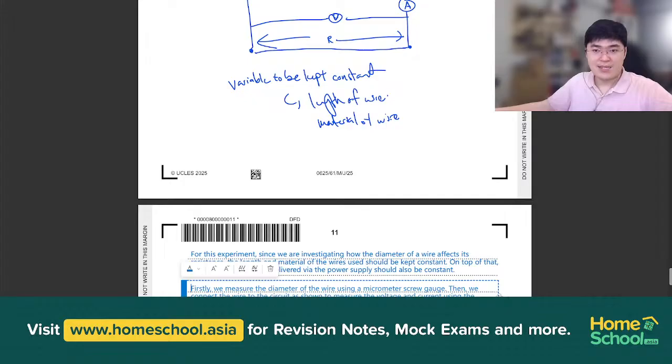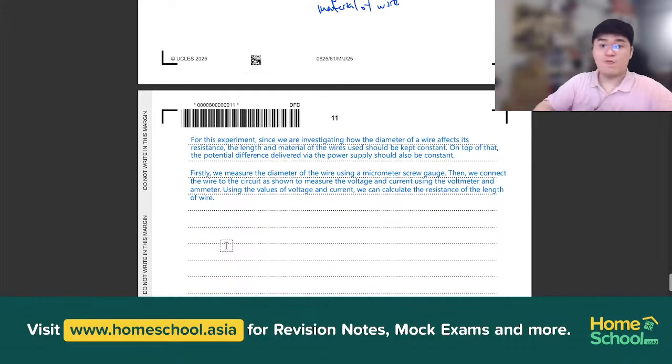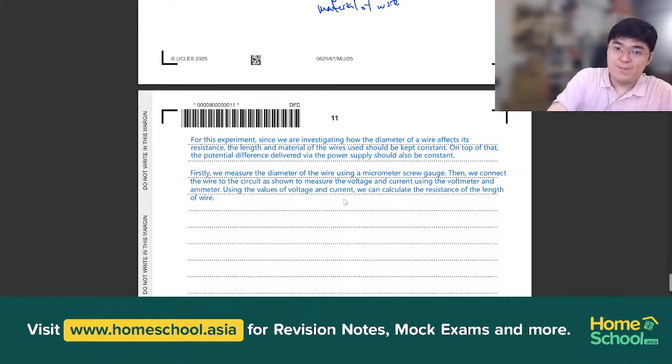Using the values of voltage and current, we can calculate the resistance of the length of wire. As we have seen before, the resistance R is equal to V over I.